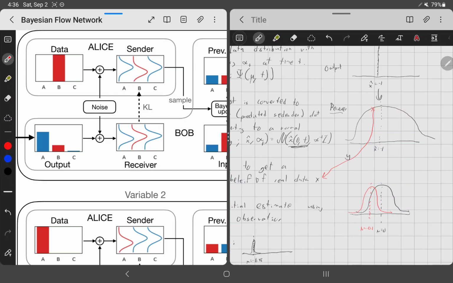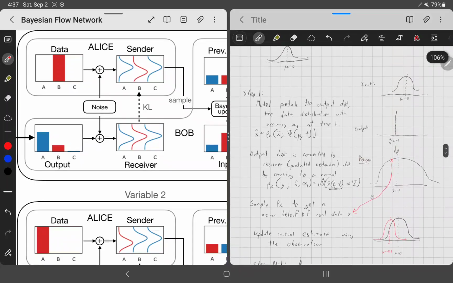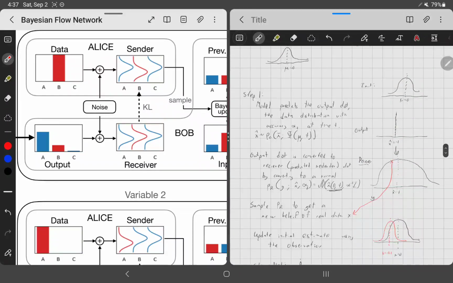So that's the idea: just optimize the KL of the noisy output distributions. And I think it's pretty intuitive that you would want to do that.